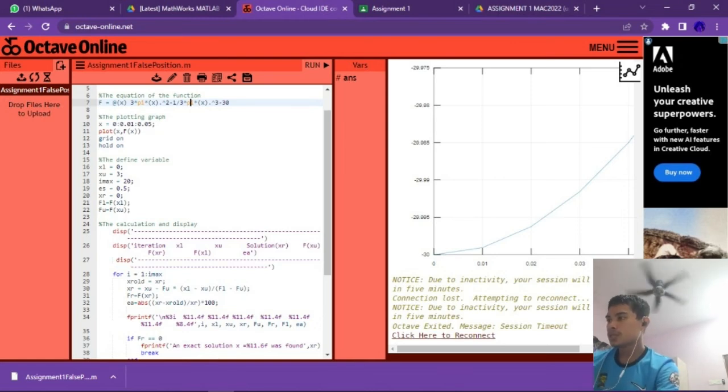For the coding, I am using Octave because my laptop cannot support MATLAB because the storage of my laptop isn't enough. So I am using Octave Online. From what I found, Octave Online is quite similar to MATLAB. When my friend uses this code on MATLAB, it works the same.